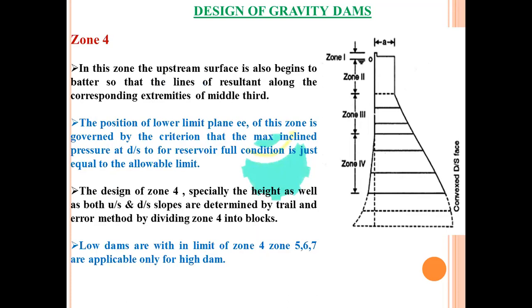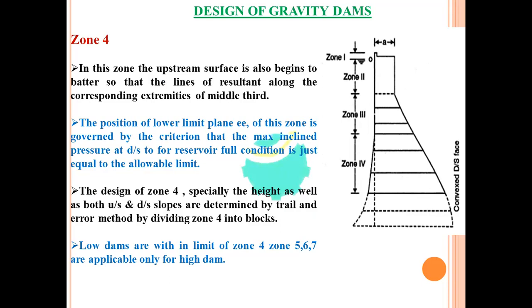Next, zone 4. In this zone, the upstream surface also begins to batter so that the line of resultant lies along the corresponding extremities of the middle third. Same for zone 4 also. The position of the lower limit plane EE of this zone is governed by the criterion that the maximum inclined pressure at the downstream for the reservoir full condition is just equal to the allowable limit.